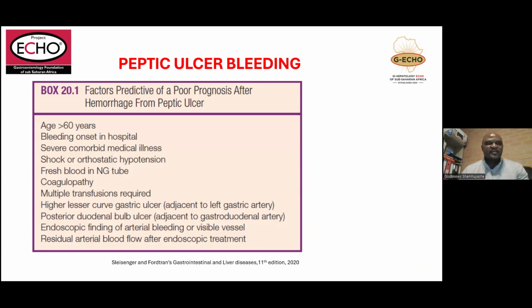Those who are elderly, those who have severe comorbid medical illness, patients with coagulopathy, patients who had multiple transfusion requirements, and also those patients who have difficult ulcers which are in higher areas, like the higher lesser curvature areas, and also the posterior duodenal bulb, the areas where it is very difficult to control bleeding. These are the patients who have a poor prognostic outcome.